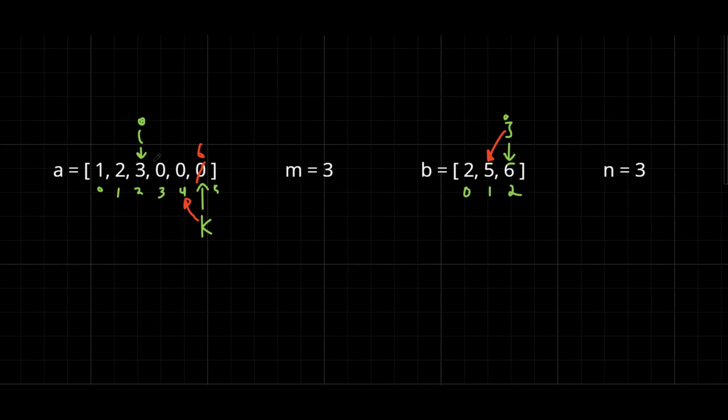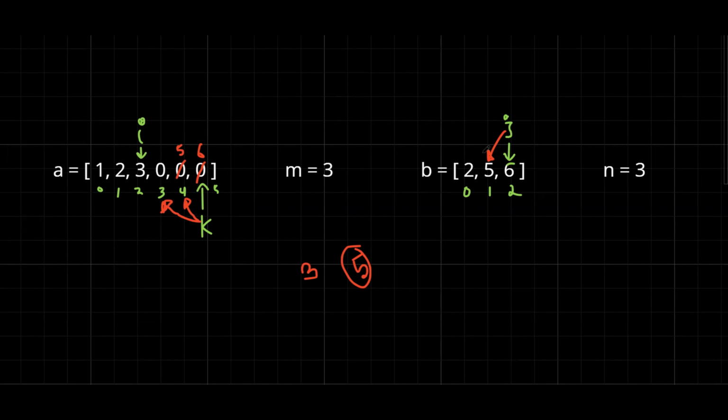Now, the value at i is 3 and the value at j is 5. Between 3 and 5, 5 is greater. So we have to put 5 here, and we have to update our pointer k from this element to this element.